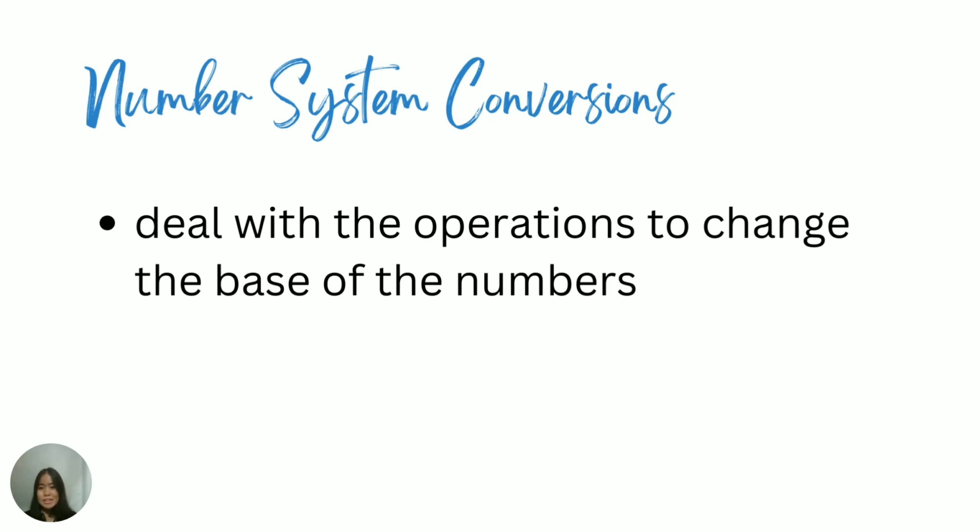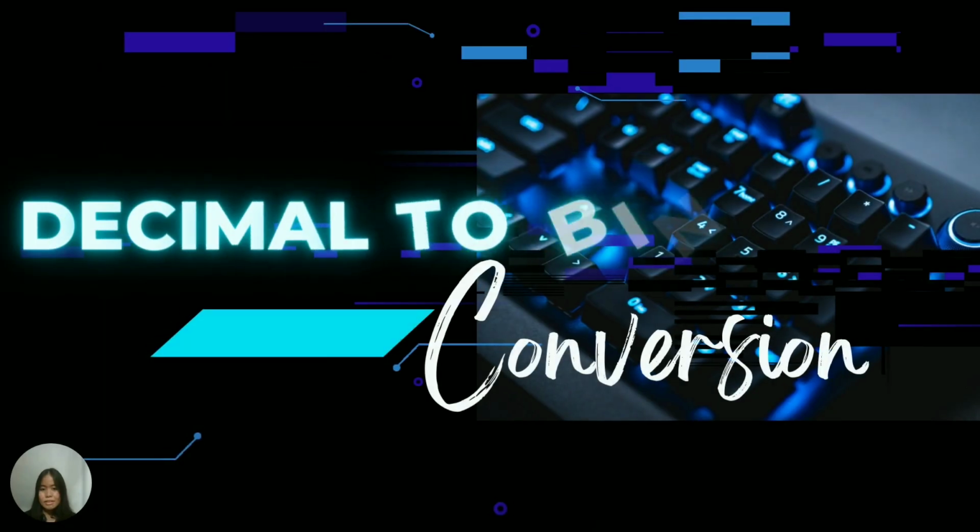Nonetheless, as we go back to this video's main focus, which lies on one out of the many conversions we have, specifically the decimal to binary, let us take this time to finally dig deep into the conversion process.